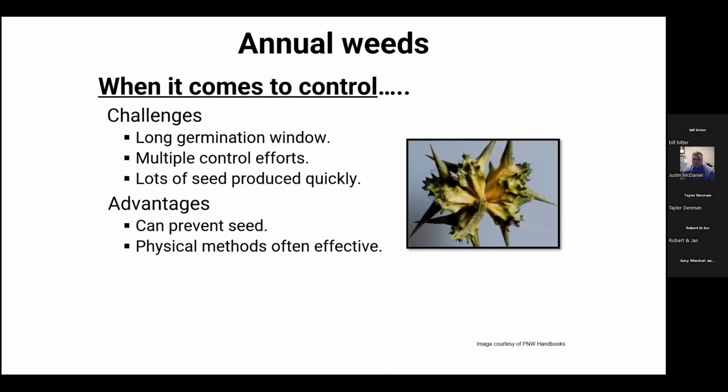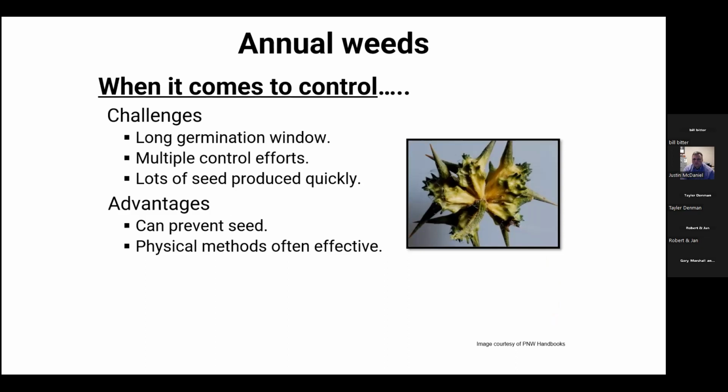When it comes to controlling annual weeds, one challenge we can see specifically with annuals is there can be a pretty long germination window from seed. So if you put down a post-emergent after one round of seeds germinated, a few weeks later you can actually see another round of germination that you skip.